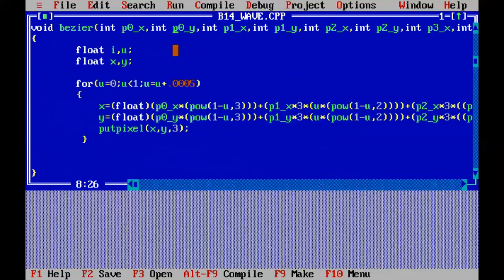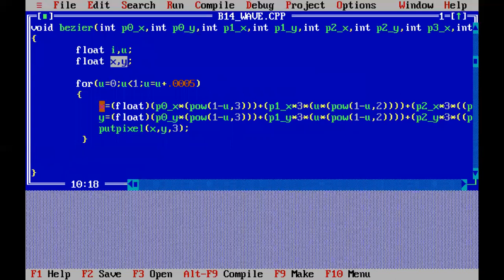In that, we are taking u as a float because it goes from 0 to 1. So in between the values are all floating numbers. Also we are considering x and y. To plot the values, we are putting these in terms of float again, because we'll get the result in terms of float.